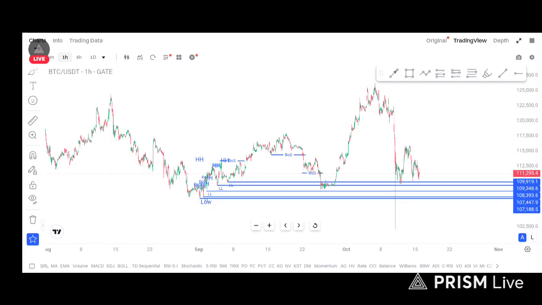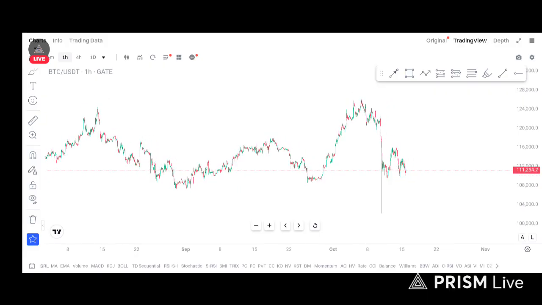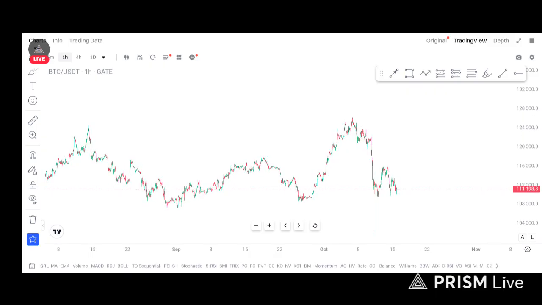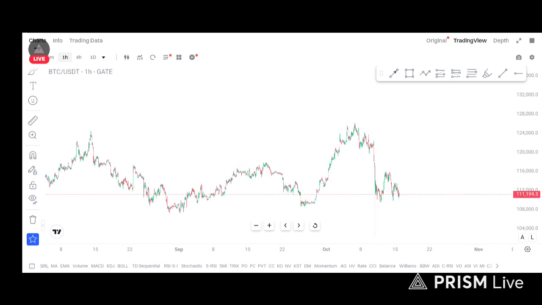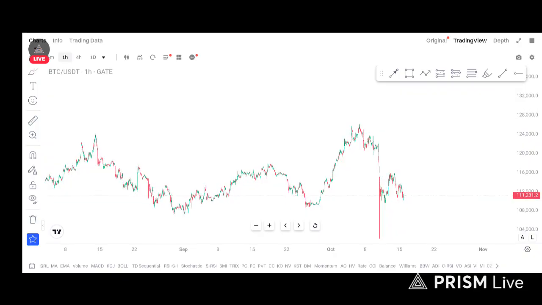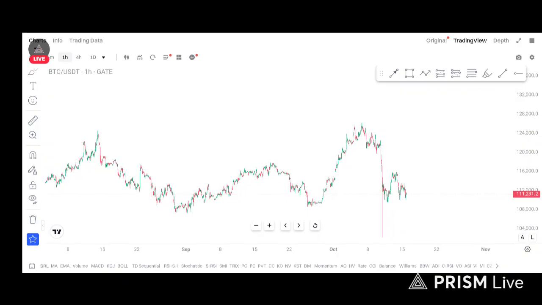So I'm going to be deleting all of this stuff, and we are going to be looking into more advanced and more interesting stuff about market structure. First of all, some of the things we are going to be looking at is, one, how to know when a pullback is over, and when a continuation is about to start.